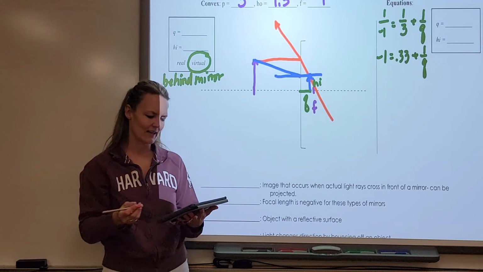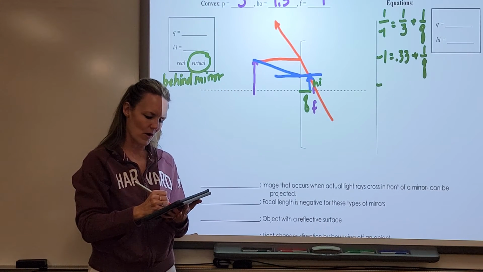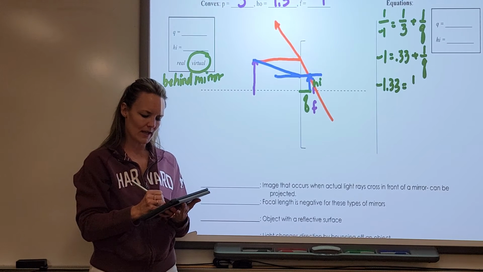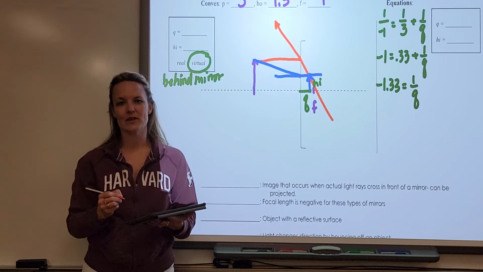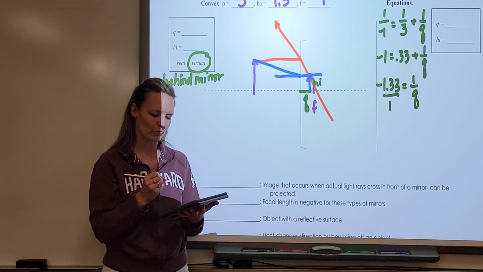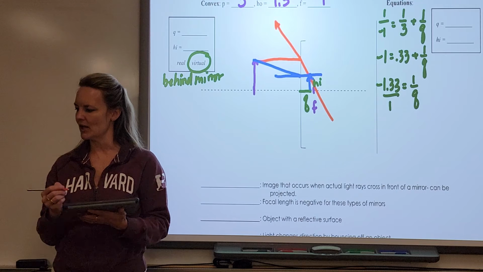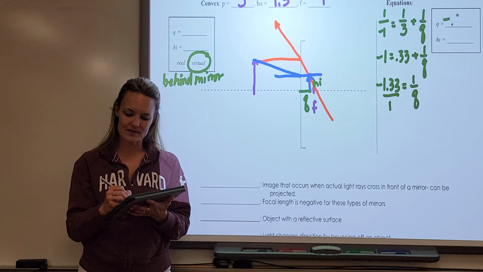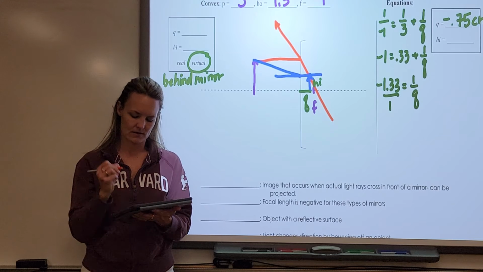That makes it more negative. So we have a negative 1.33, or negative 1 1/3, equals 1 divided by q. I gotta do that switcheroo. I have to take 1 divided by the 1.33, and I end up getting q is a negative 0.75 centimeters.